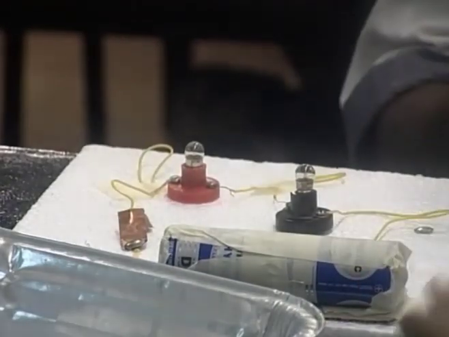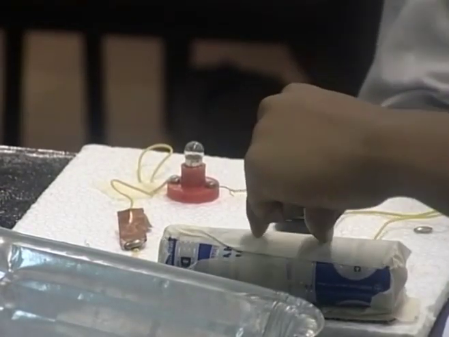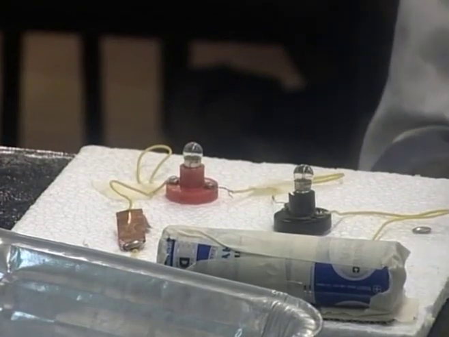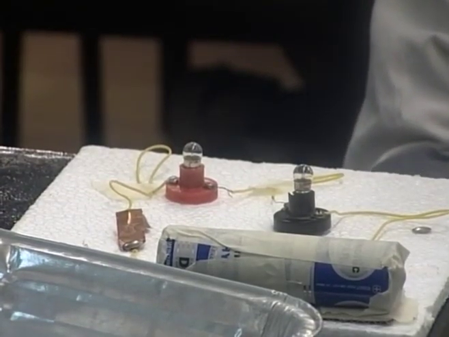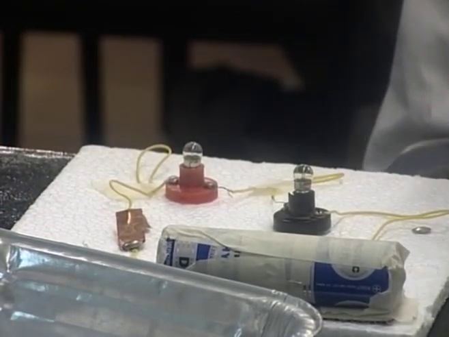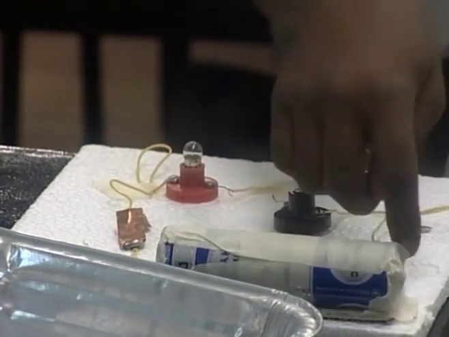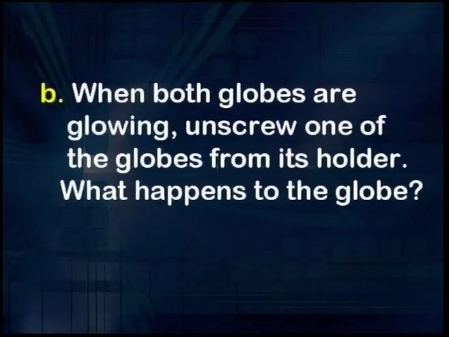For the series circuit, let's go through these questions. You have now set up the series circuit. When both globes are glowing, unscrew one of the globes from its holder. What happens to the other globe?